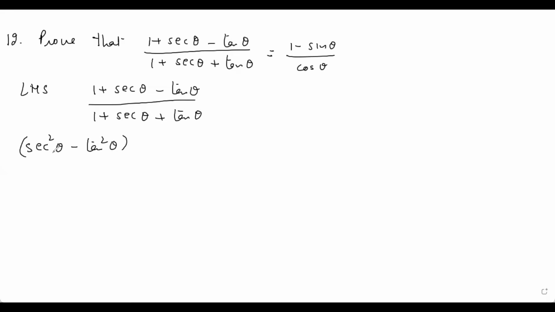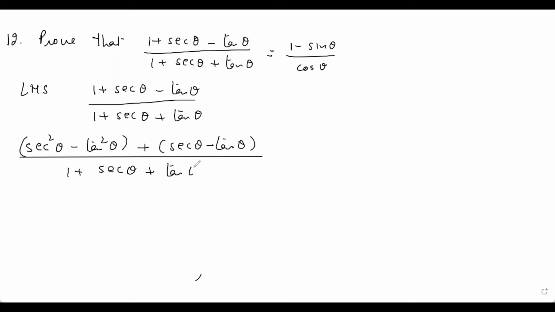So instead of 1, you can write sec square theta minus tan square theta plus sec theta minus tan theta upon 1 plus sec theta plus tan theta. Now a square minus b square is equal to a plus b, a minus b.